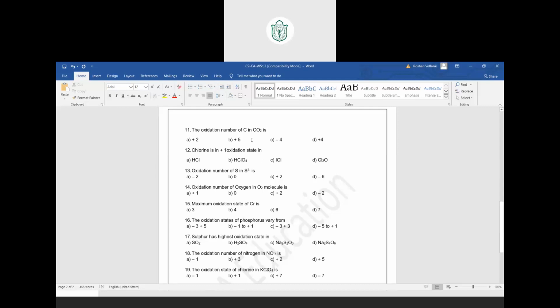What about the chlorine in HClO4? What is the oxidation number of chlorine in HClO4?